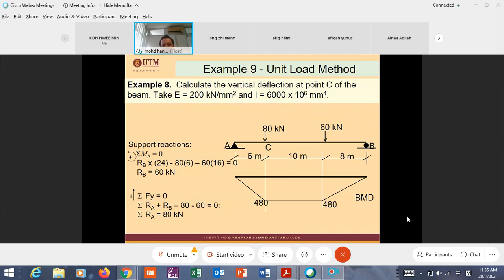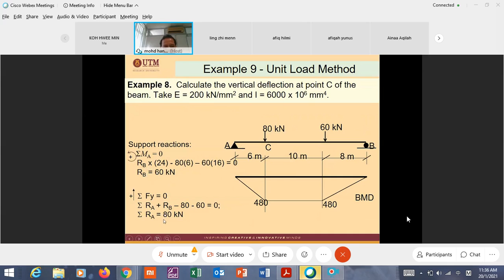The support reactions: RB equal to 60 kilonewton and RA equal to 80 kilonewton. And this is the bending moment diagram, but it is not important. You don't have to draw the bending moment diagram in the exam. This is just to make you aware, and you have to be familiar with the bending moment diagram.